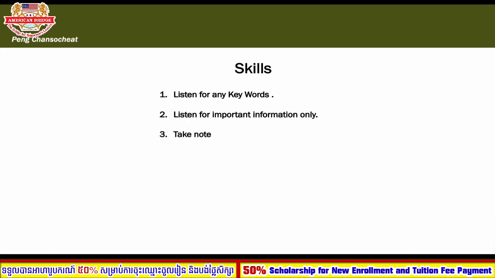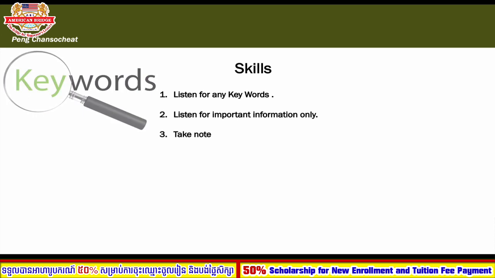You don't need to pay close attention to every word the speaker is saying, because some native speakers speak very fast, which is a little bit difficult for us, because we tend to listen to every word they are speaking. But if you want to get the most important information, you need to listen to the keyword and then find only the important information that you need.